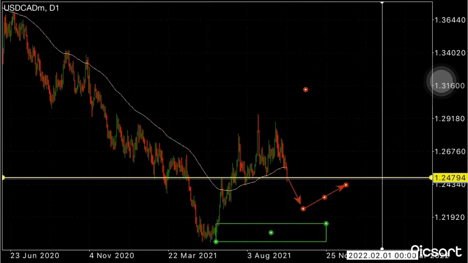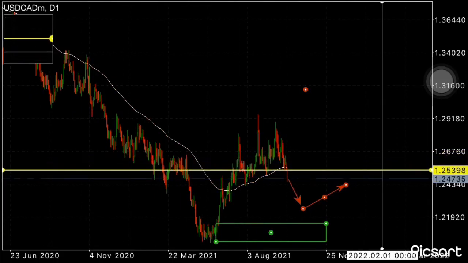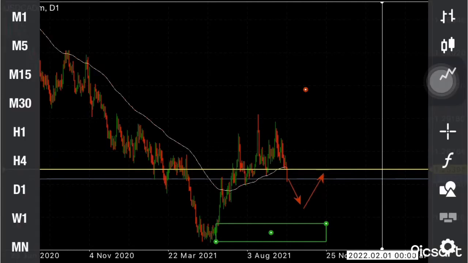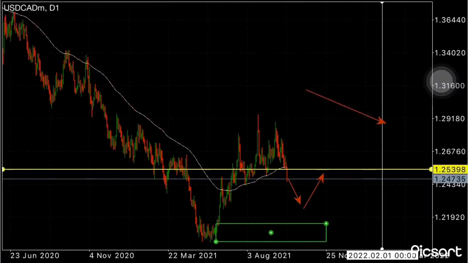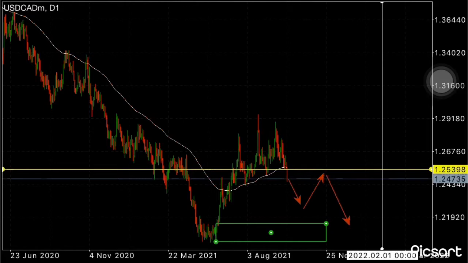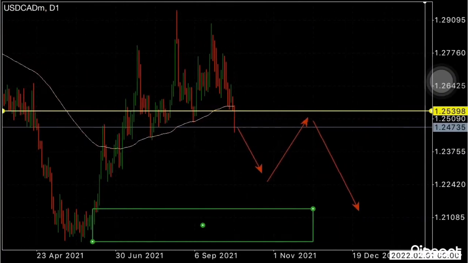This is where the retest will be, the moving average kind of here. We want to see a retest of this level, and we want to see the price fall down into this zone, right? This is what we're expecting. This is the kind of move that we're expecting for the USD/CAD.